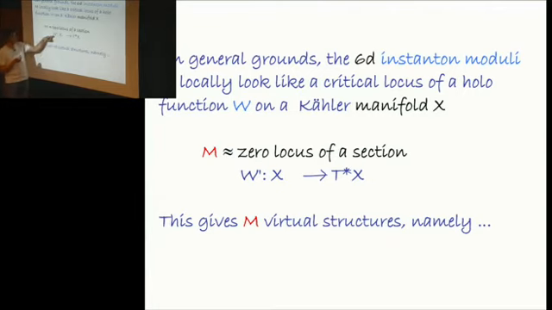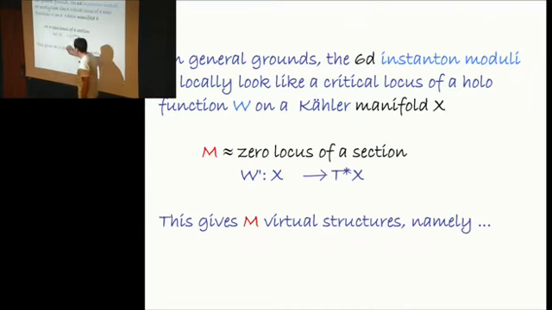The differential of a holomorphic function is a section of the cotangent bundle of X, and where it vanishes defines M. So however singular it is, near each point there's an embedding in some smooth variety such that the instanton moduli space is cut out as a critical locus of some function.